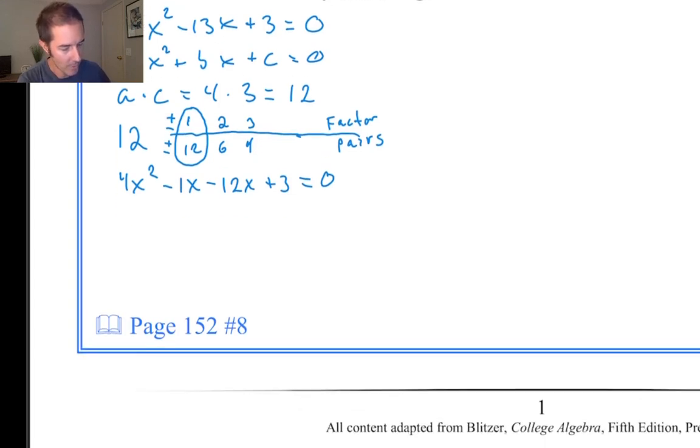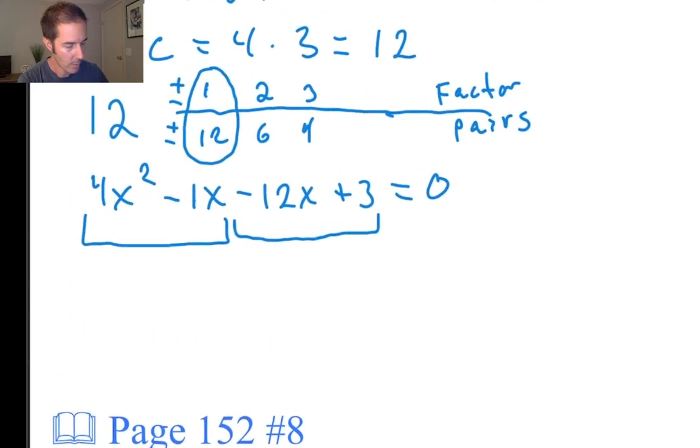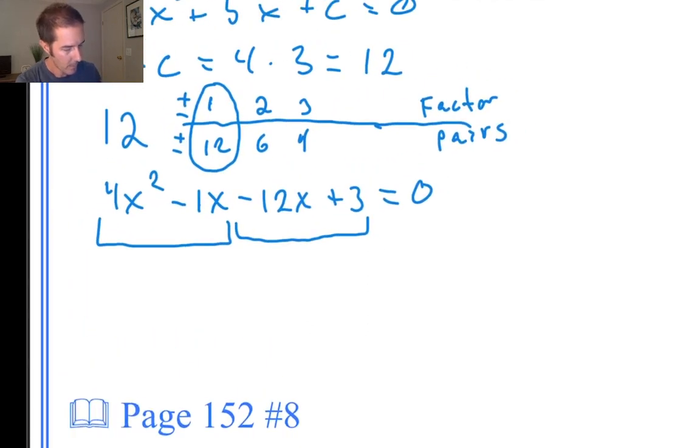The next thing we're going to do is do some grouping. And notice the way I'm putting these, I call them under brackets. Don't do your grouping with parentheses. Use these weird looking brackets that go under the terms. And the thing that's very important here is that this second bracket includes the negative in front of the 12.